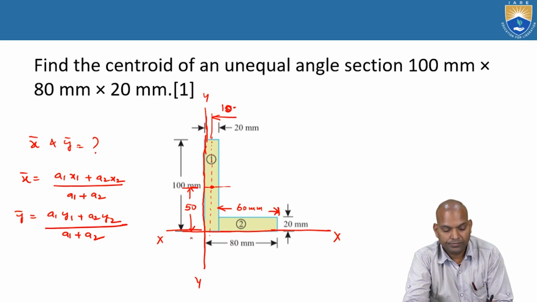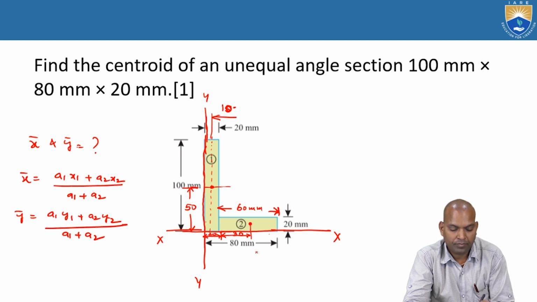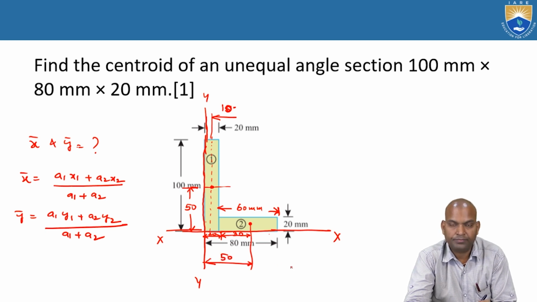Now similarly, from the reference axis, the distance for section 2 is 60 by 2, that is 30 millimeters, plus here it is 20. So the distance from the reference axis is 20 plus 30, that is 50 mm.